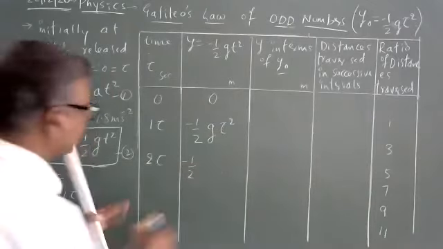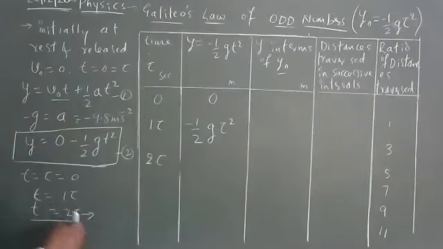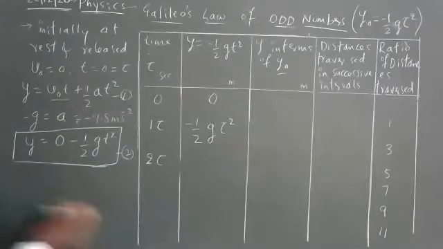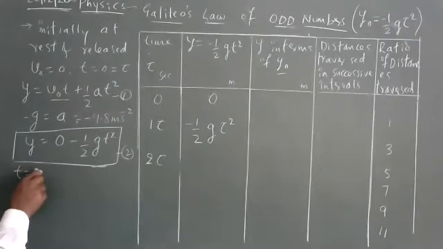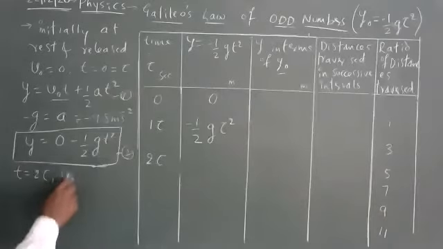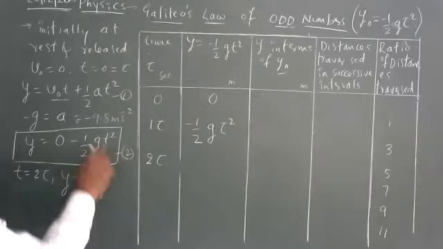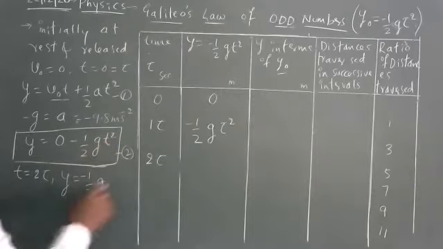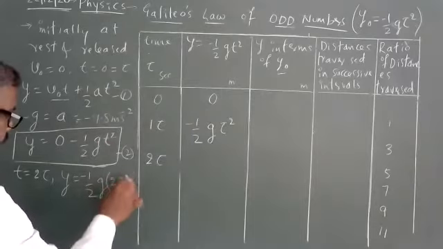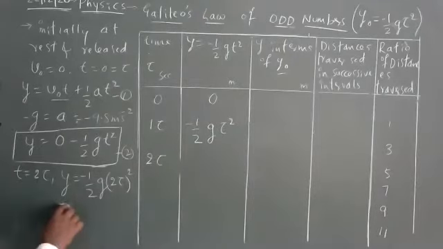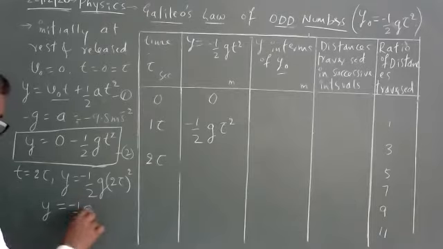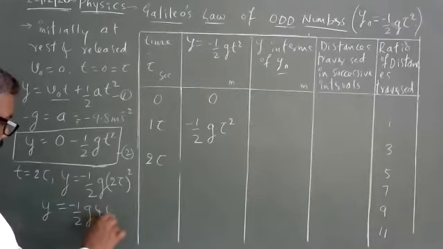Cross check: if I put this value here, time equal to 2 tau, my y equals minus 1 by 2 g as it is, and this t becomes 2 tau whole square. This finally simplifies to y equal to minus 1 by 2 g, as it is, 4 tau square.